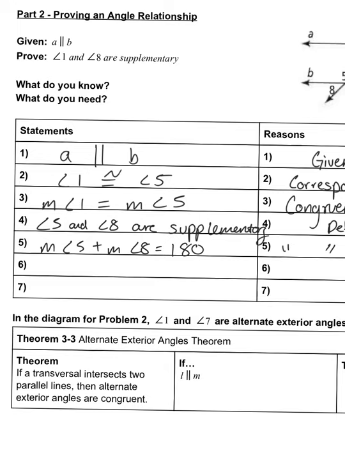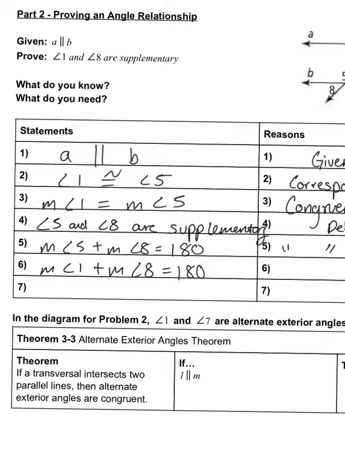And what angle did we say was congruent to angle 5? 1. So if they're congruent, that means that they are equal. So no matter what, we can substitute these two angles, and we could say that the measure of angle 1 plus the measure of angle 8 equals 180. Y'all agree with that?